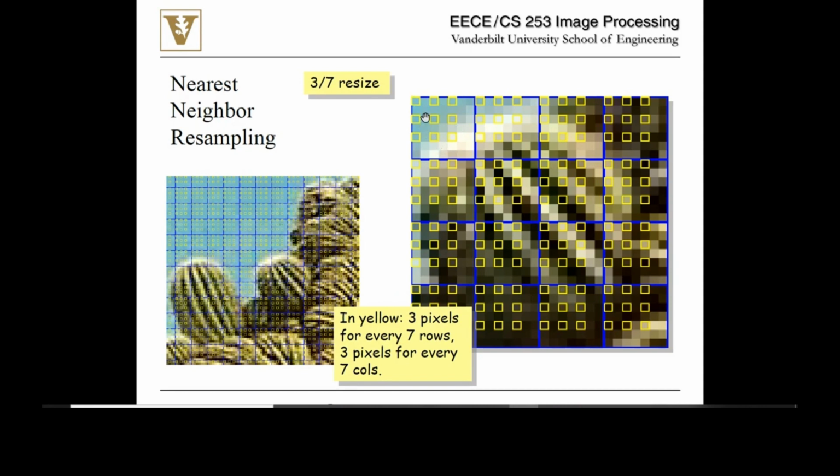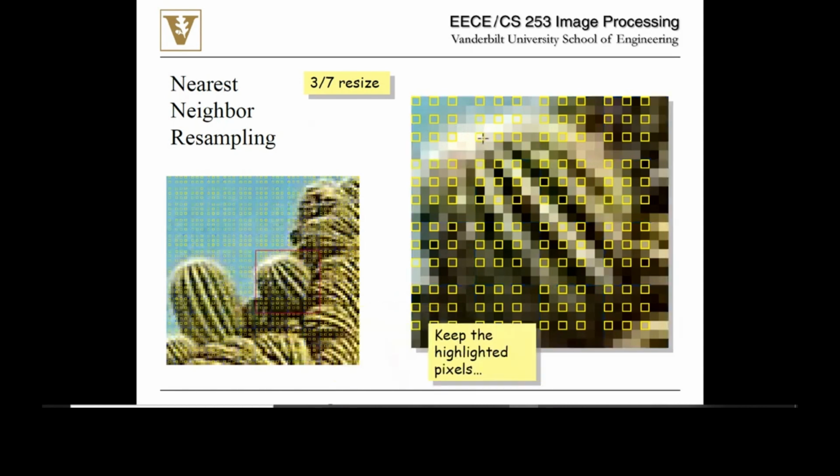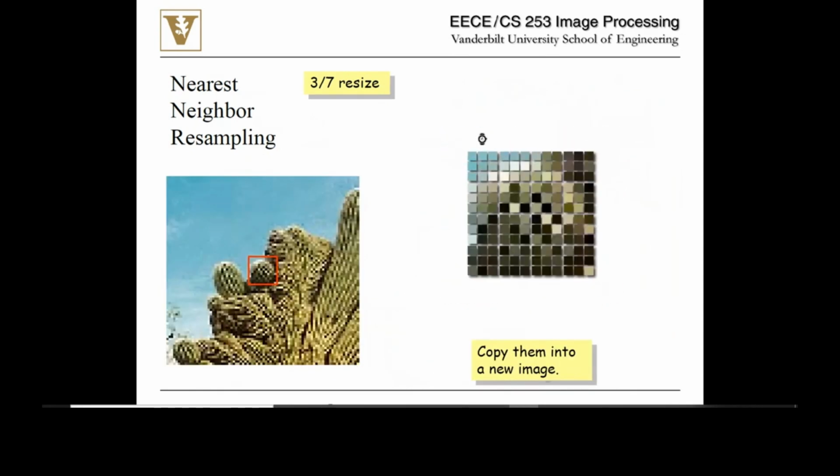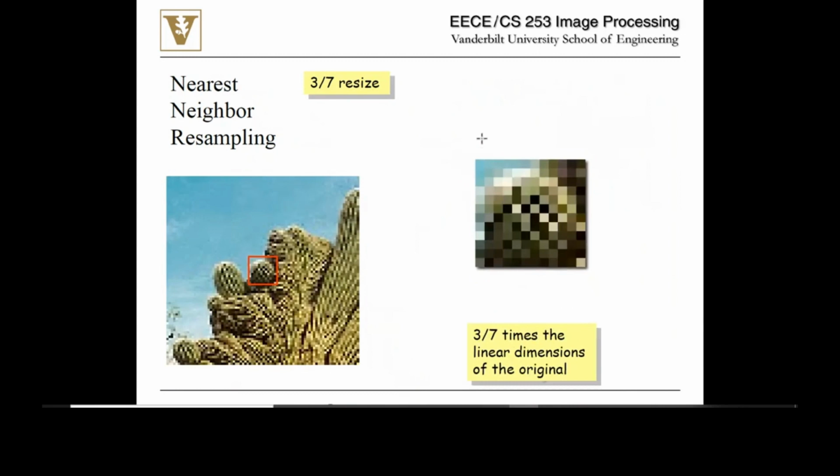So we will keep these samples, and then we collect the samples and put them together into a single image. So now we are not constrained to integer scaling factors. We can have any fraction there.